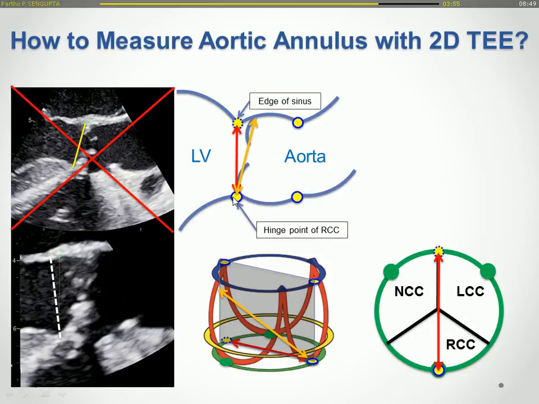So if you have the hinge point here from the right coronary artery, the other side is not necessarily the hinge point, and it could be a higher plane because that's the level of the commissure. So you have to make the measurement not from this point to this point, but you have to go a little bit down somewhere here to really get the anatomical annular diameter calculated from the TEE.